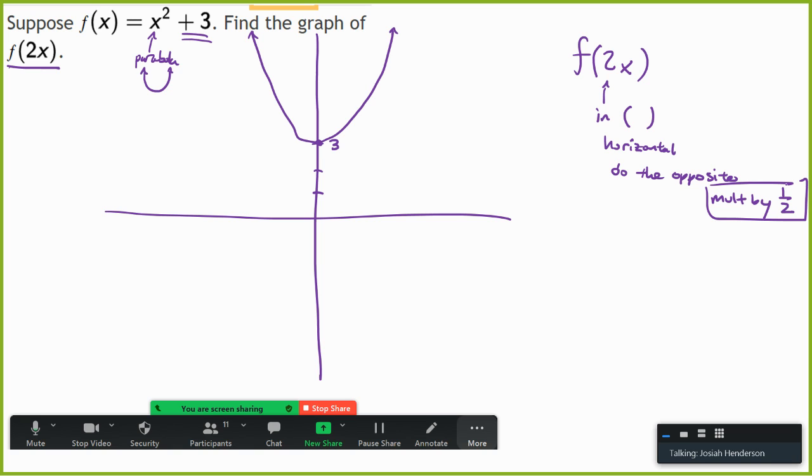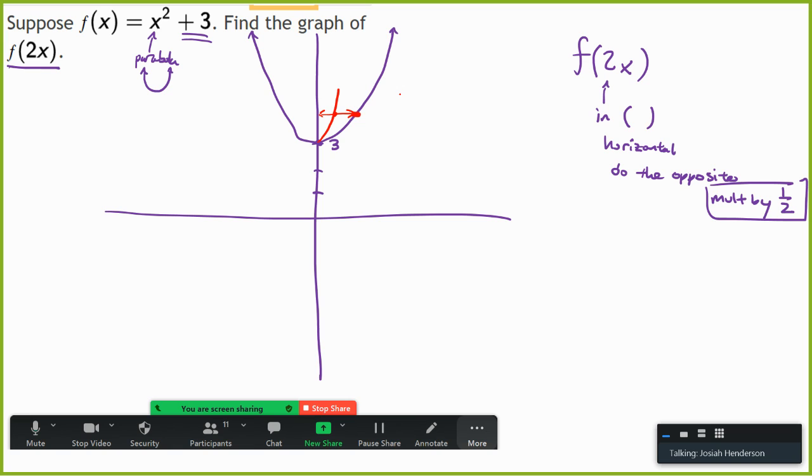So let me change my color to show this. Okay, so if we pick a spot, like this spot right here, that point on the graph, well, the height of it is going to stay the same, but after doing the transformation, the 2x, it's going to be like multiplying it by a half. So instead of being out this far as it is right now, it's going to be half of that.